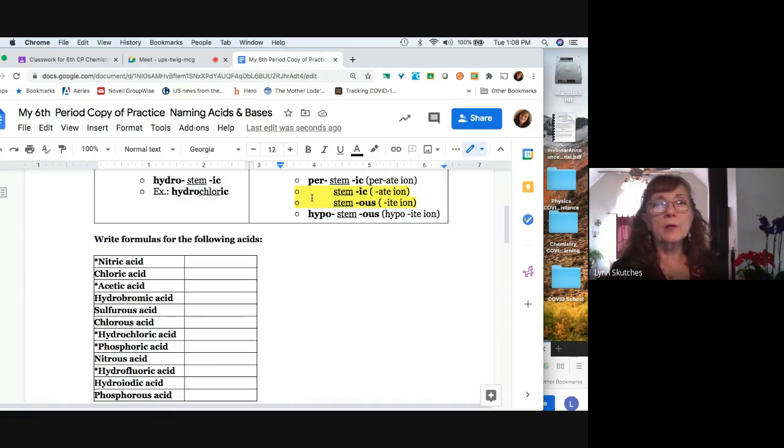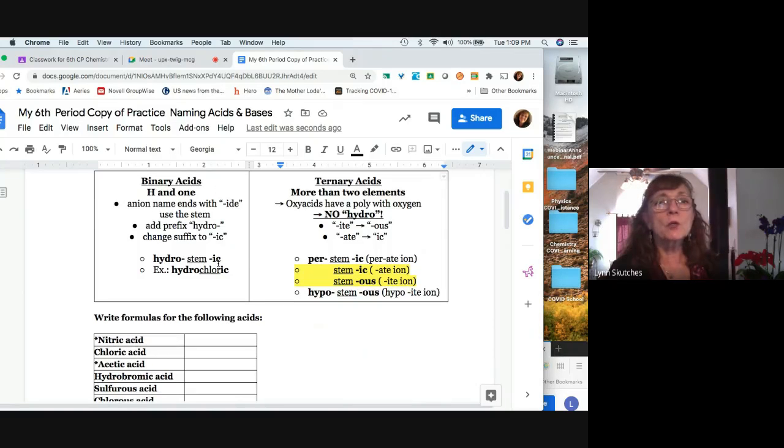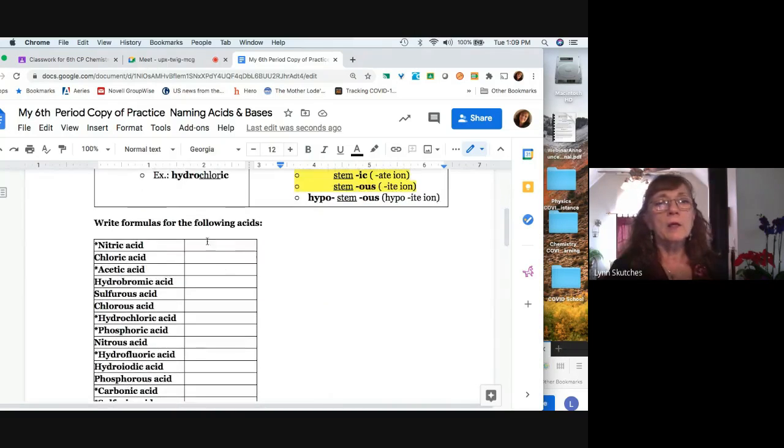We just keep the prefixes and we change ate to ic and ite to ous. If it's just 2 elements, hydrogen and something else, hydro goes on the front, ic goes on the back. So again, nitric acid, hydrogen's on the front. The ic ending tells me it's nitrate.